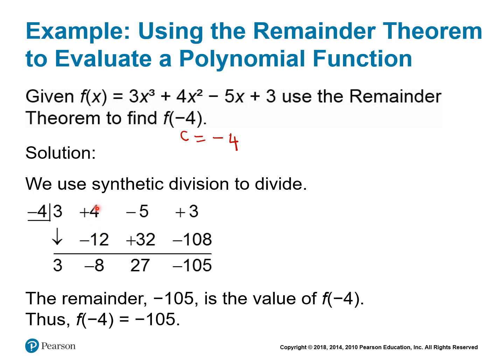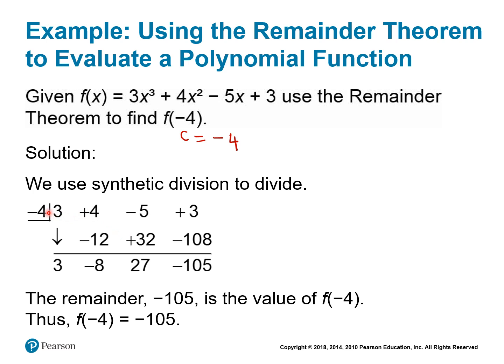And then we perform the addition. So plus 4 plus minus 12 is negative 8. We repeat the process. Negative 4 times negative 8 is positive 32. We write the result under the next term, which is negative 5. So negative 5 plus 32 is positive 27.